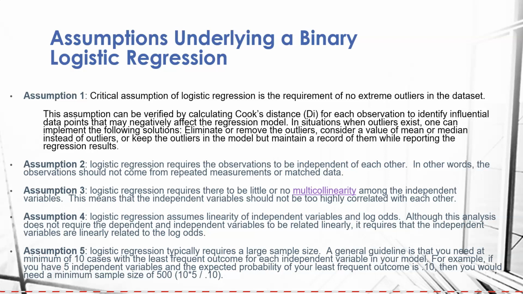Number 5, the proper sample size that we would need to conduct a logistic regression. I do have a video on testing assumptions for logistic regression using SPSS. Take a look at that on YouTube, and you can get more details on this slide.